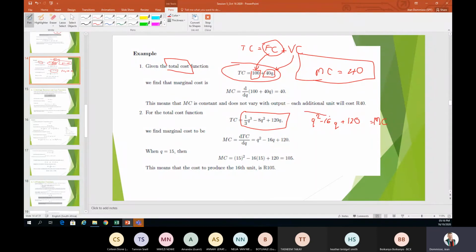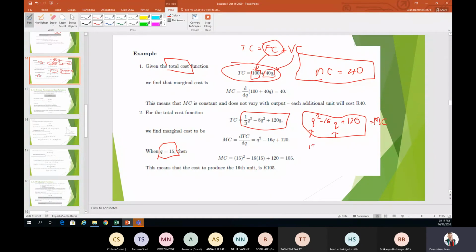So now again, when you have that, they need to give you a bit more information if you need to solve it. So here they say, when Q is 15, what is my marginal cost? And then all that you do is you replace the Q with 15 in your formula. So to get to your final marginal cost, you will replace the Q by the 15.